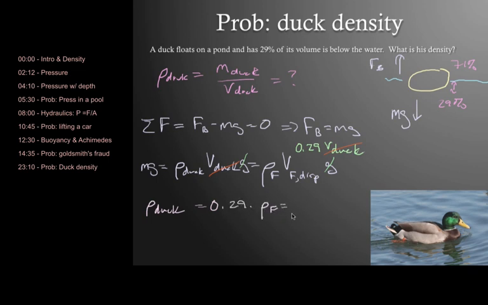But the rho of the fluid is water, which we know. So that's 0.29, and then we can do this in kilograms per cubic meter, or one that's a little nicer to write, grams per cubic centimeter. So the rho of our duck is equal to 0.29 grams per cubic centimeter.